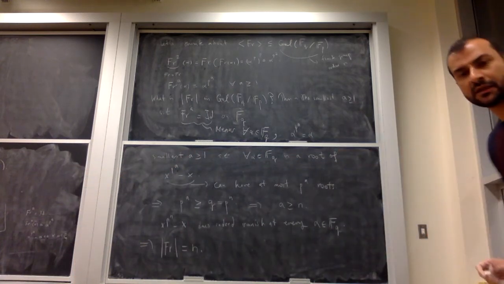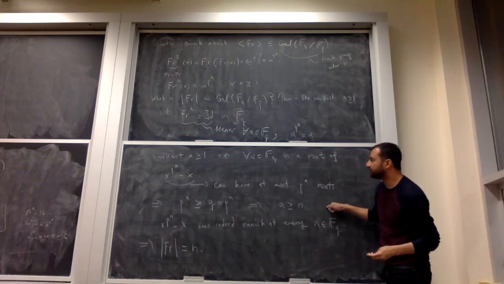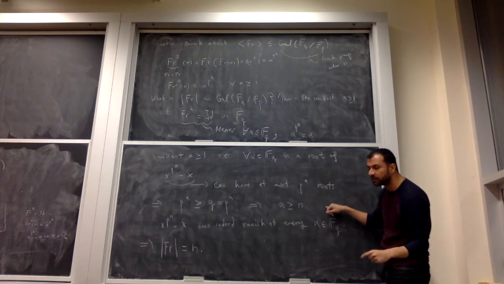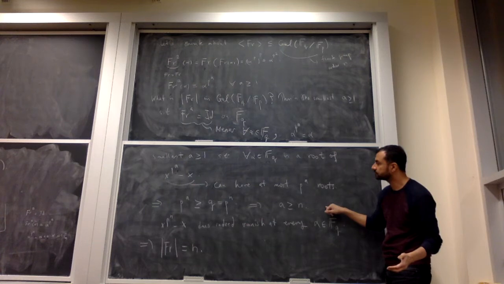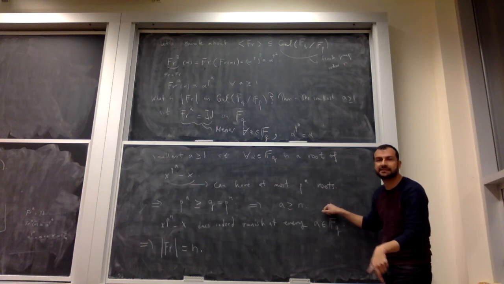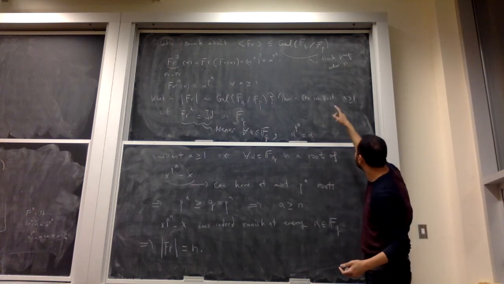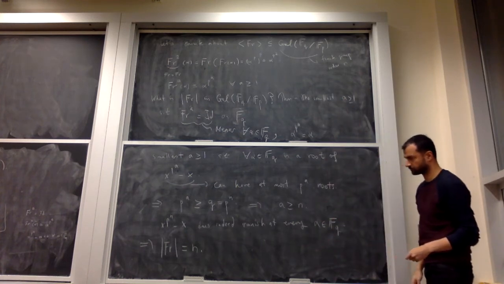Or if you wish, what you've argued is that Frobenius to any power smaller than n is not identity. Also, from group theory, the order is at most n, so the order actually has to be equal to n.